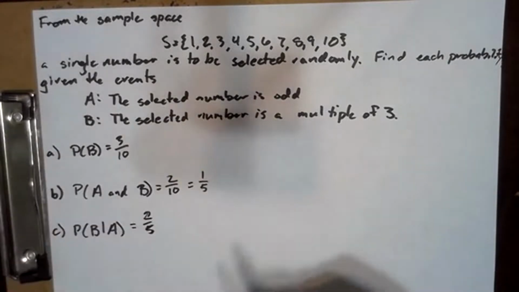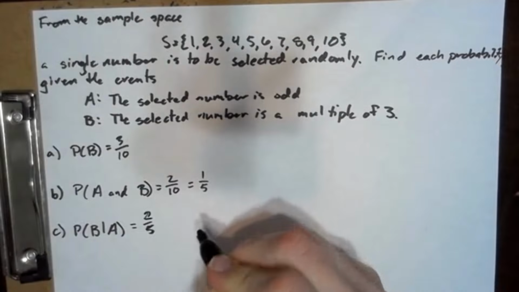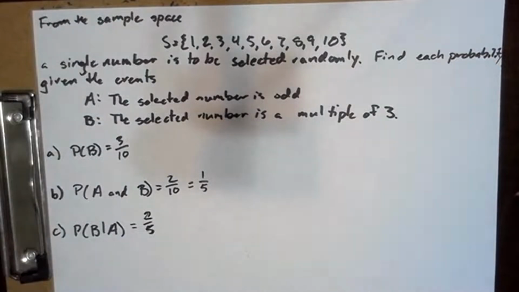We can also write that as the probability of A and B divided by the probability of A, which would be 1/2.